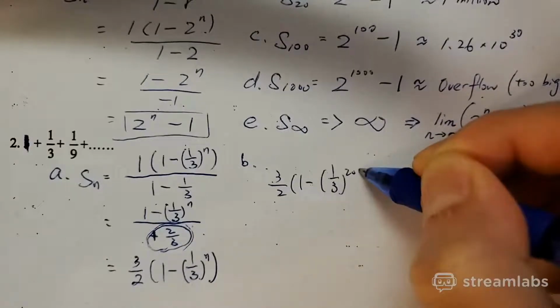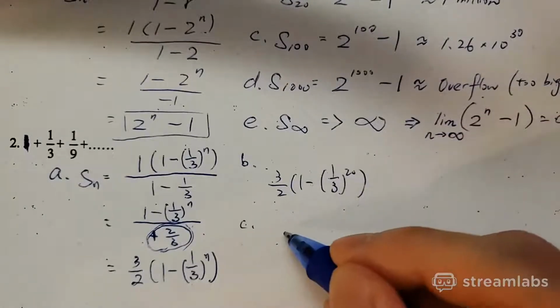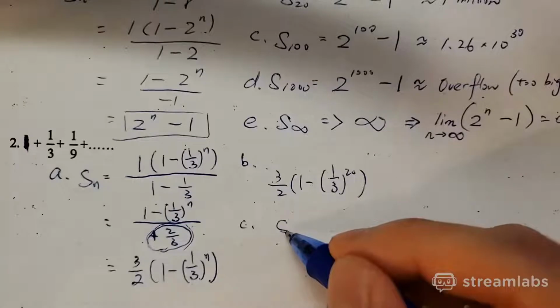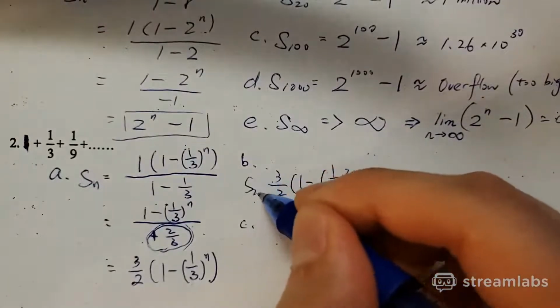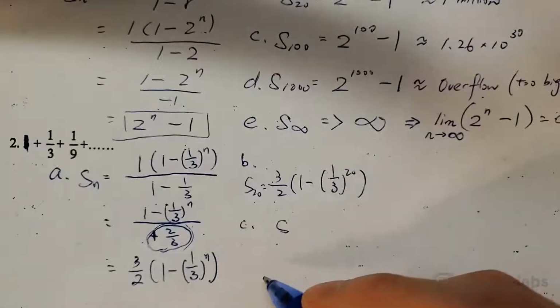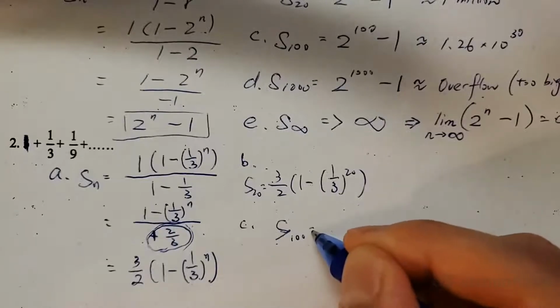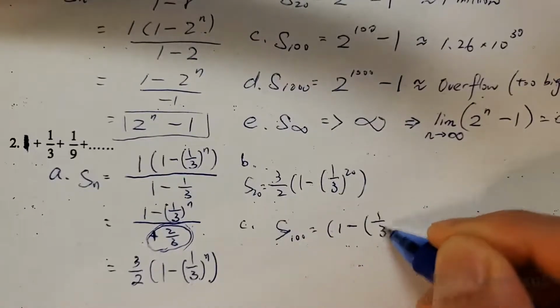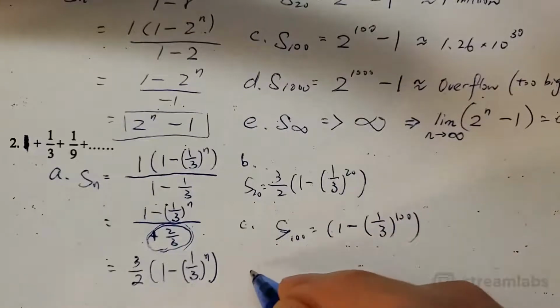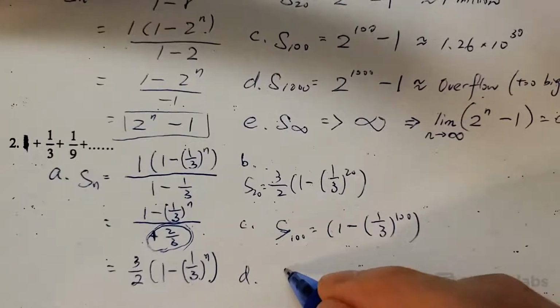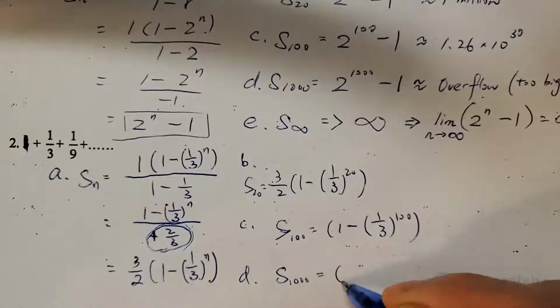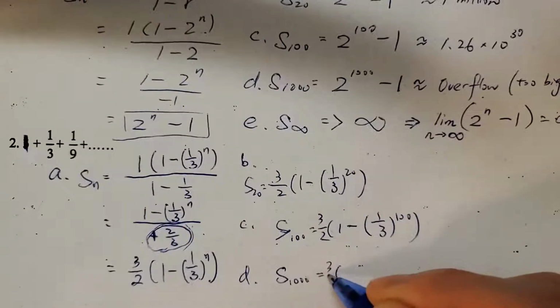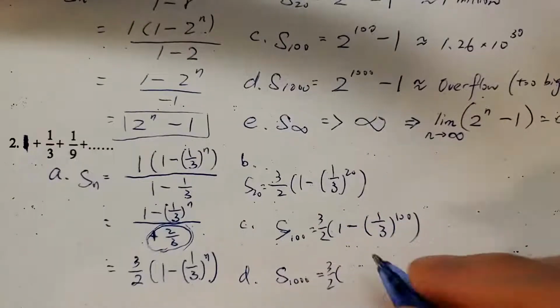And then part C, this is S20, and the next one is S100, so we just plug in 100 into the equation. You don't have to simplify, too many terms. Oh, 3/2.